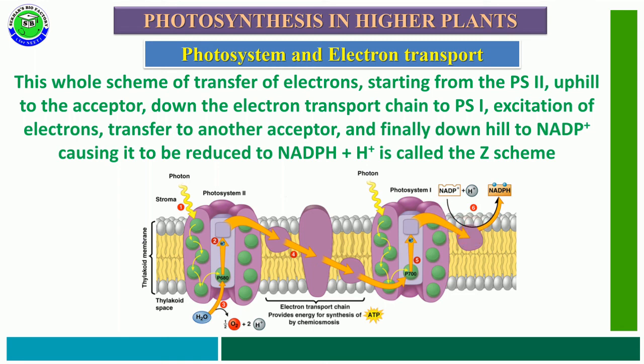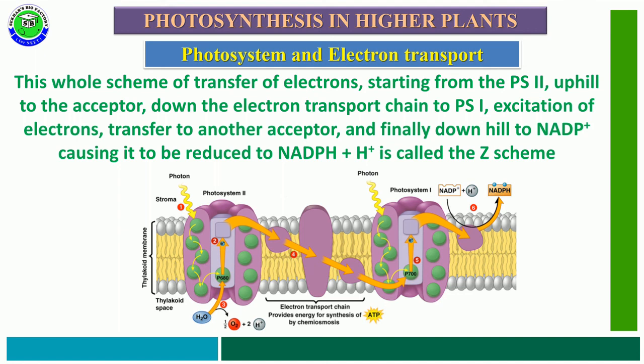Whenever the electron is transferred from the reaction center of PS2 to cytochrome to the reaction center of PS1 and finally reaches NADP plus, NADP plus is reduced into NADPH plus H plus. The entire process of electron transport takes place in a Z scheme, so this type of non-cyclic electron transport is called the Z scheme pathway. This is the process of the electron transport mechanism in the light reaction of photosynthesis.